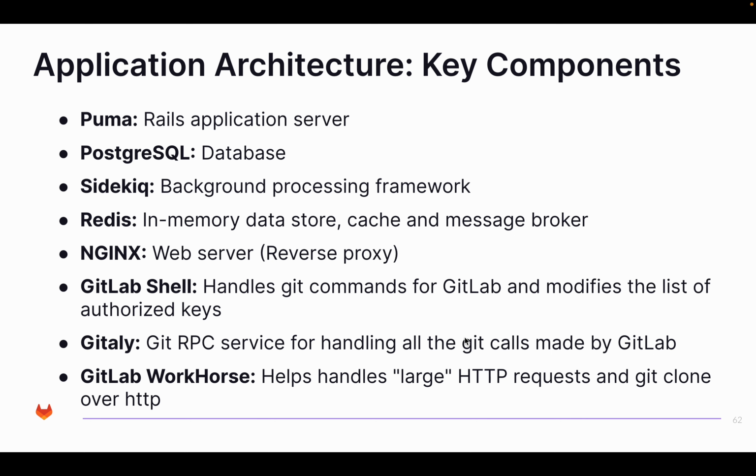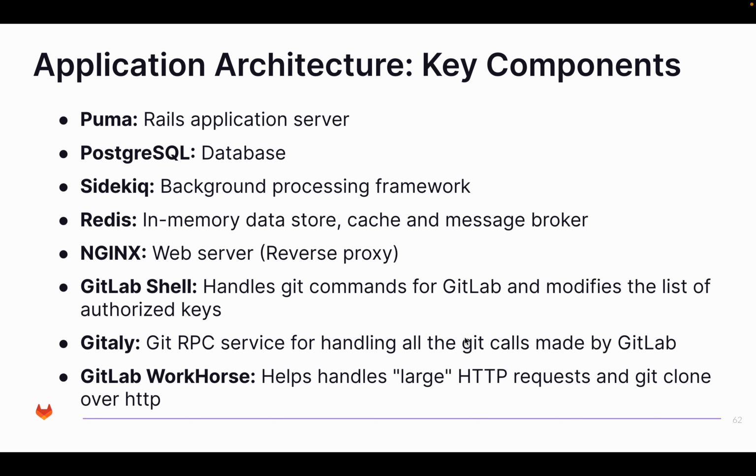GitLab consists of these important components, which is the Rails server, the application server that contains the most important application logic. We use Puma as the Rails application server. Then we have our database, PostgreSQL. You can either use an external PostgreSQL or use the one that's bundled within the Omnibus installation.